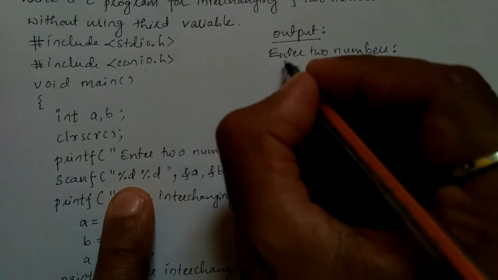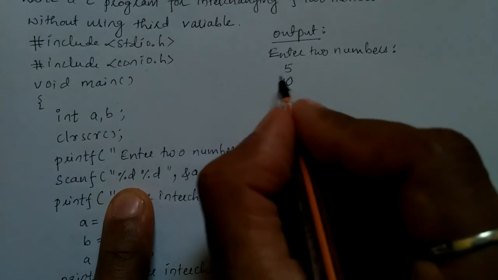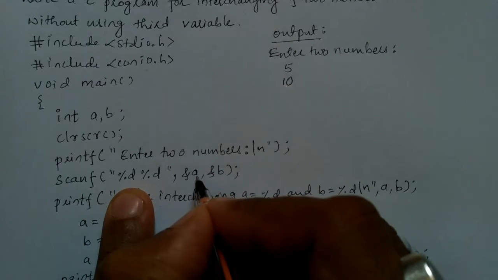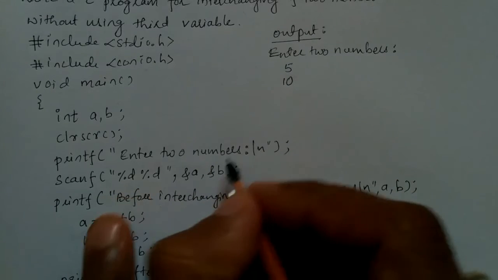So here I'm going to enter, for example, 5 and the second number 10. So first number is stored in variable a and the second number will be stored in variable b.